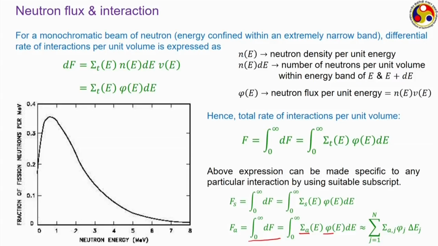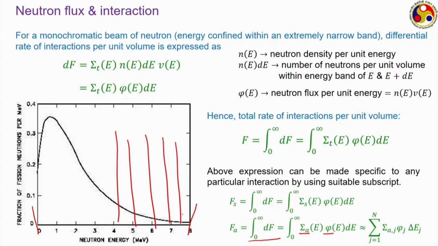The numerical approach refers to dividing this total domain of energy into several small elements, each of some constant or varying thickness. This is the thickness of one element, and to know the value of the interaction there, we multiply the thickness of the element with the cross section at that location and phi at that location, and then sum that product up for all such elements in the domain to get the total rate of interaction.